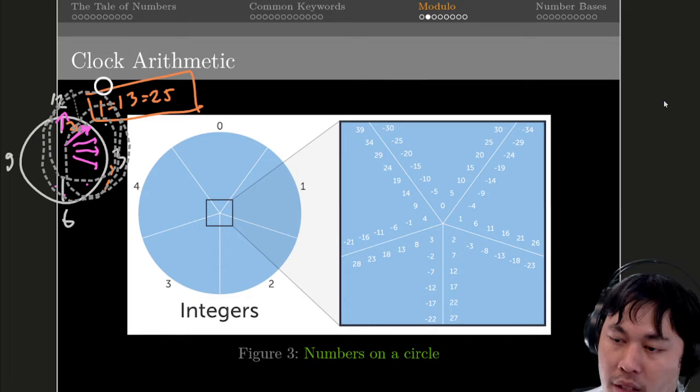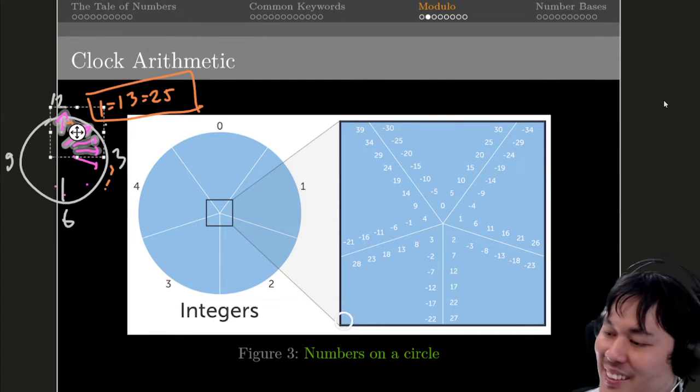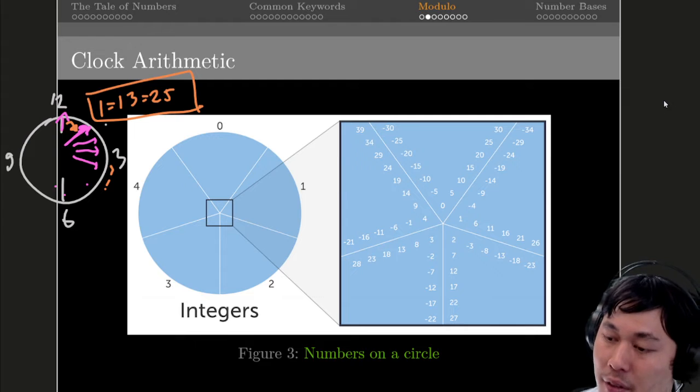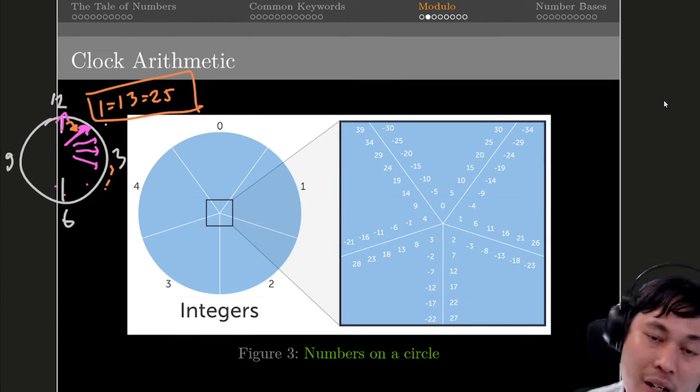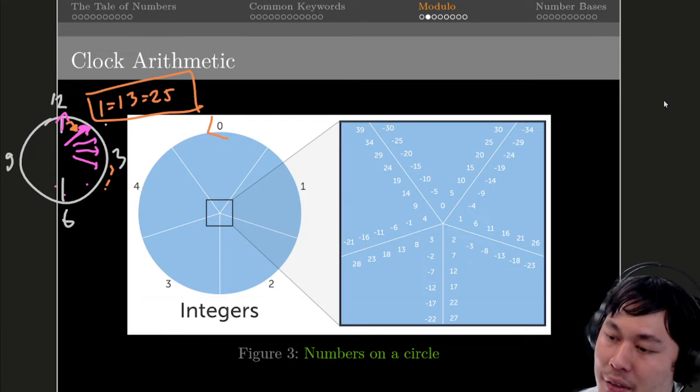The example I'm using is a 12-hour clock, but the image here has only 5 numbers. The thing about this clock is that usually you start at 0, not 1.